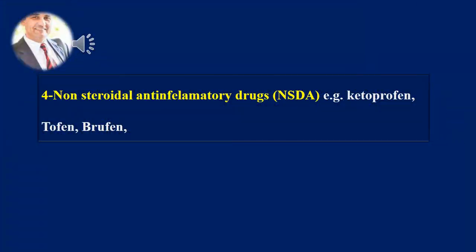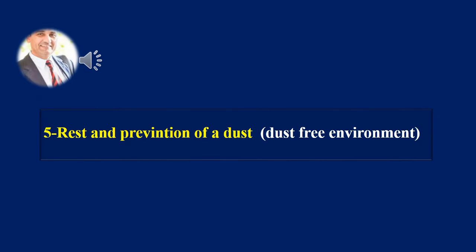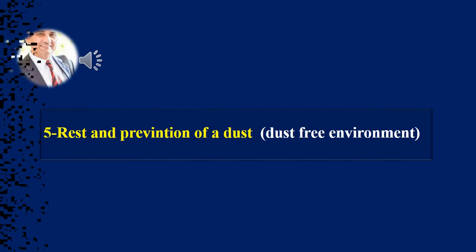The fourth step in the symptomatic treatment of equine influenza is the application of non-steroidal anti-inflammatory drugs such as ketoprofen, flunixin, and so on. Rest and prevention of dust is a very important step in the treatment line.